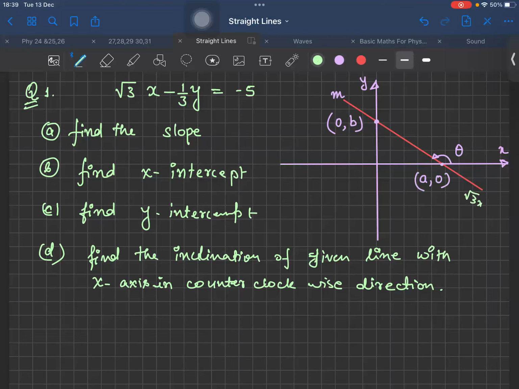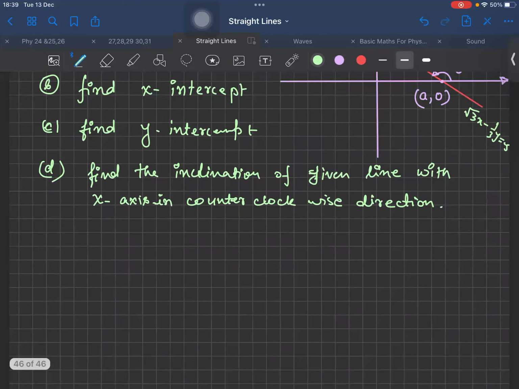Root 3x minus 1 upon 3y is equal to minus 5. Now let's write this equation: root 3x minus 3y is equal to minus 5. We know the standard equation of a straight line is y is equal to mx plus c.